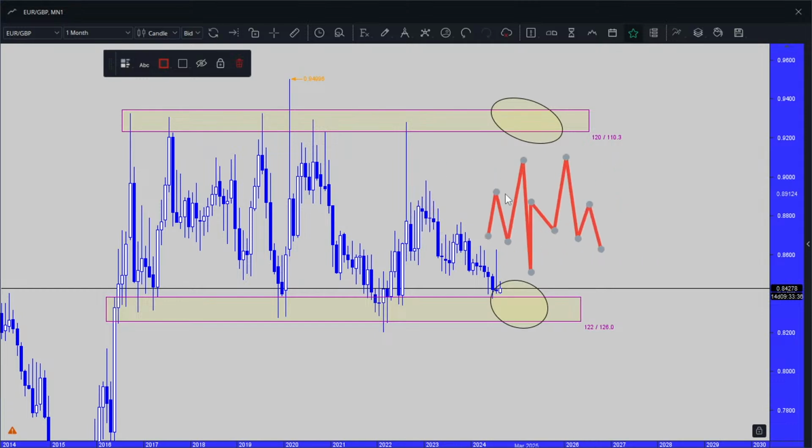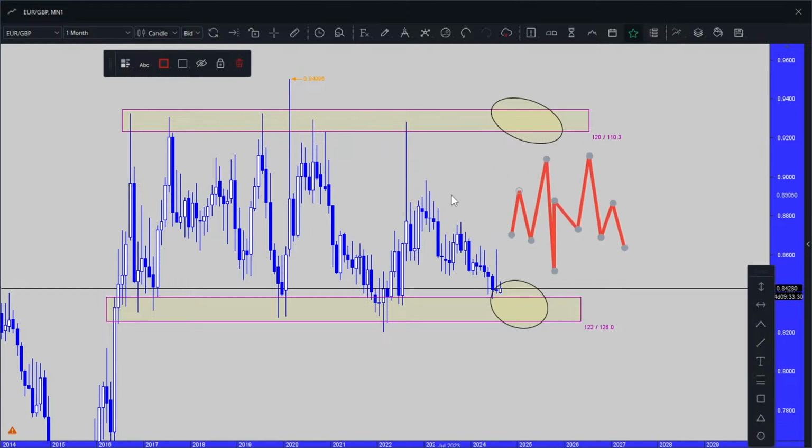If you are trading in between AUD NZD, USD CHF, Euro GBP, you are doing something different compared to me. Make sense, everybody? Not right or wrong. Does this make sense?